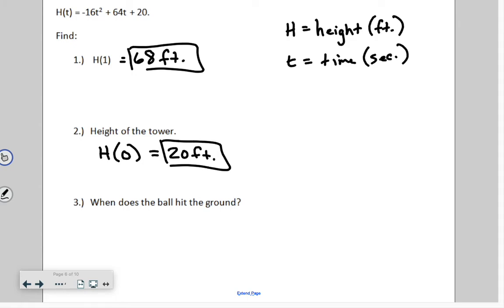You throw the ball, 1 second later, the ball is now 68 feet in the air. Okay? Same idea, by the way, applies. If you think about this in a real-life type of scenario, this is just pretty generic. But if you ever watch any of the NFL football games, any time they kick a field goal, from wherever, the ball goes either through the uprights or not.